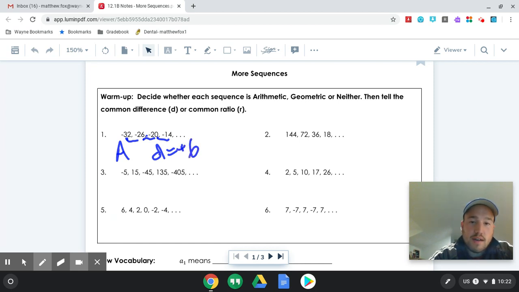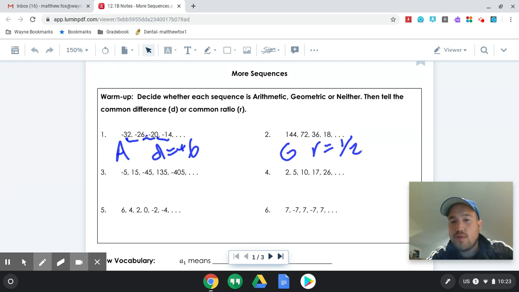Now the next one, 144 to get to 72, divide by 2, divide by 2, divide by 2 here. So that's going to be geometric. Or another way to do that: instead of dividing, since we want to be multiplying, we're going to multiply by 1/2. Since we are dividing by 2, the reciprocal of 2 is 1/2. That's what we want to multiply by.